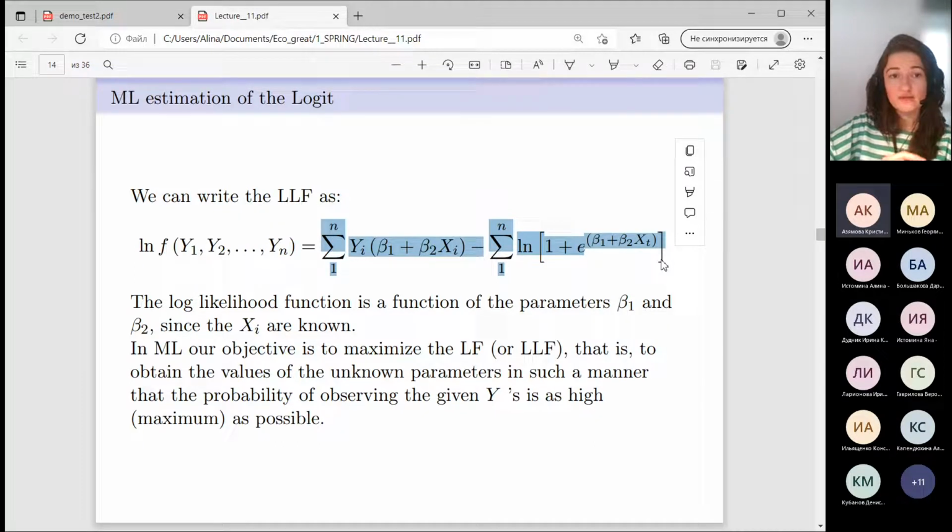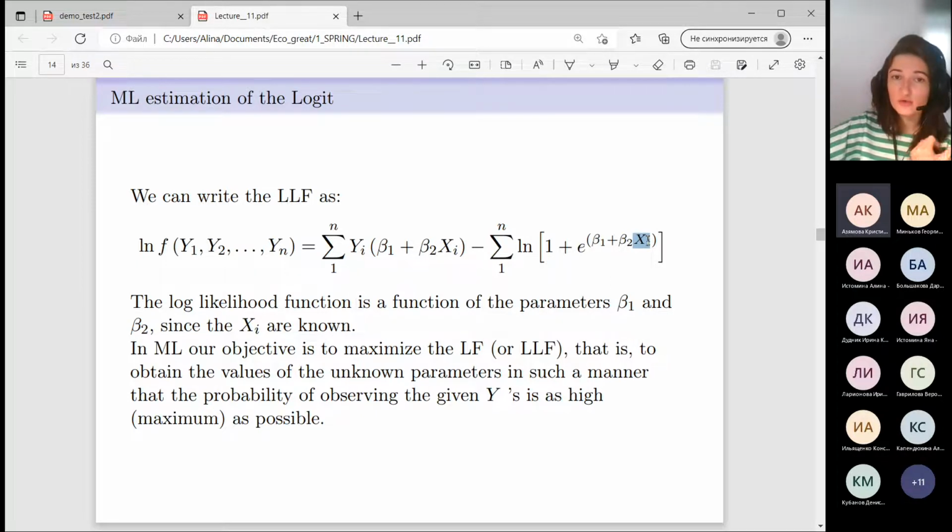So what you need to find? You can see that from this log likelihood function, you need to find the unknown parameters beta 1 and beta 2 in this example. Of course, if you don't have a simple regression model, you can add beta 3, beta 4, and so on. But in general terms, you need to find all these unknown betas, because X values are known. You observe them from your sample.